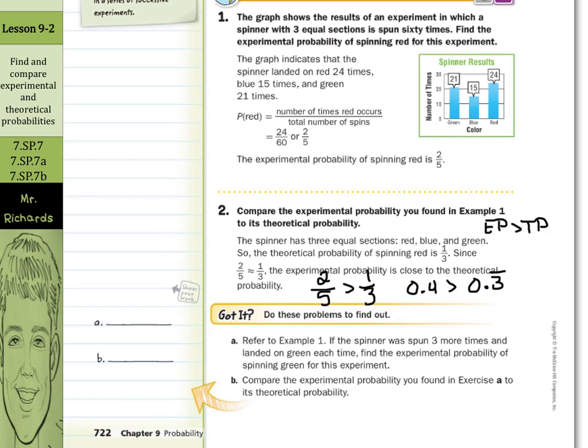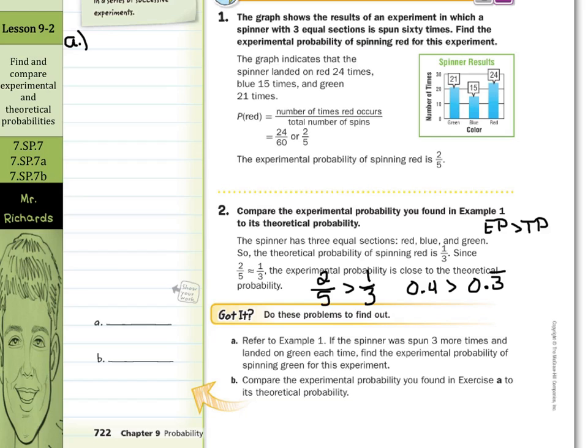Refer to example 1. If the spinner was spun 3 more times and landed on green each time, find the experimental probability of spinning green for this experiment. Well, if we start our work up here near the top for A, let's write down what our new results would be.